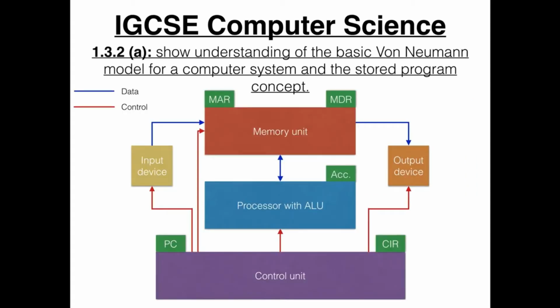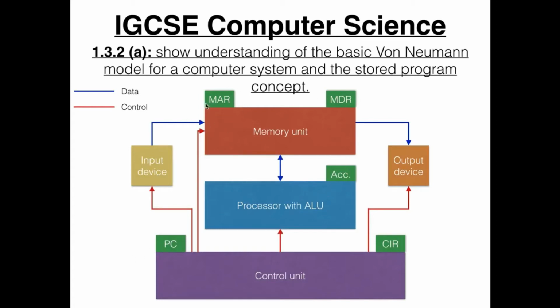This is a more detailed model of the von Neumann model, and it basically focuses on data and control. It's more detailed because we can see more parts and these green things here.